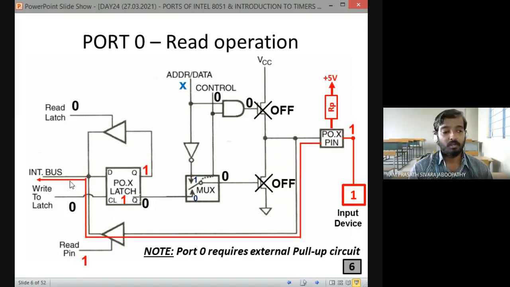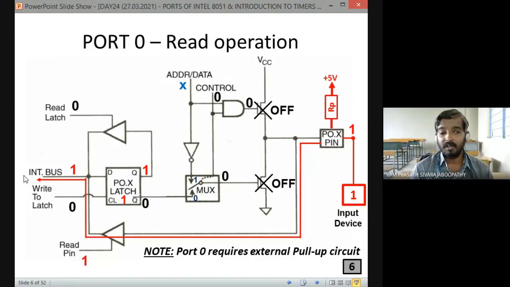It won't get into the latch because write to latch is disabled. All other paths are blocked, only this path is allowed. So what logic will we have at the internal bus now? It is connected with the pin, so we are getting logic 1.